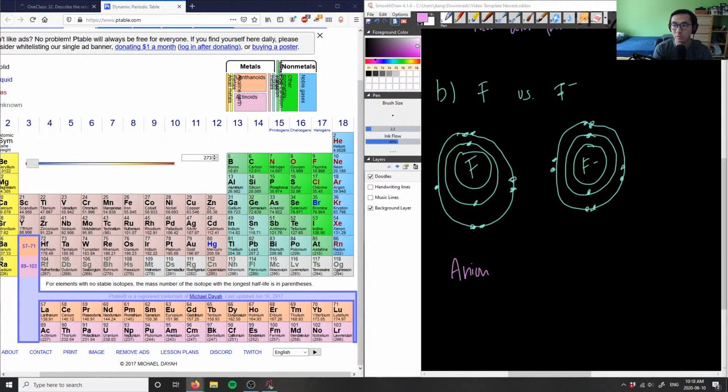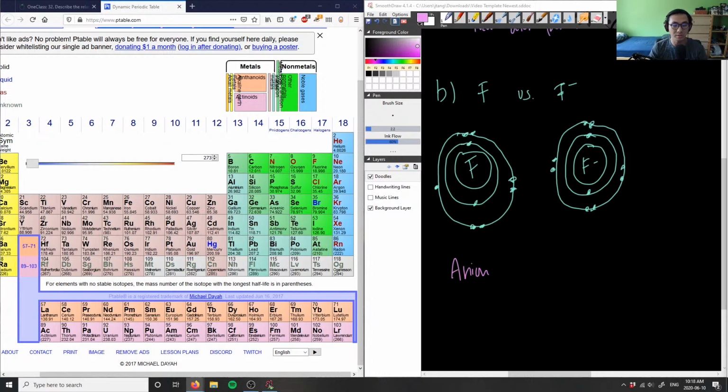Then what we can do with F minus is look at both of these Bohr-Rutherford diagrams, and we can see that both of these are very, very similar. We have F minus here. We have F here, which has 2 shells.